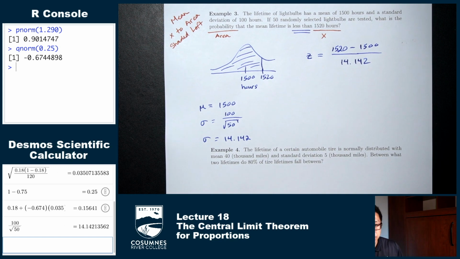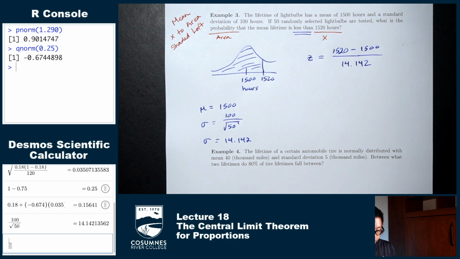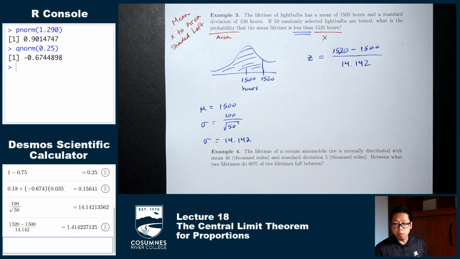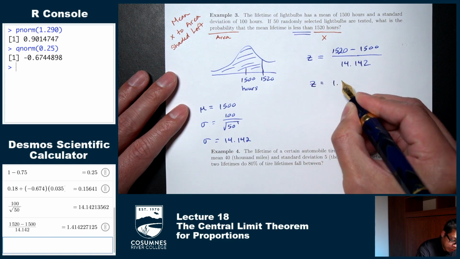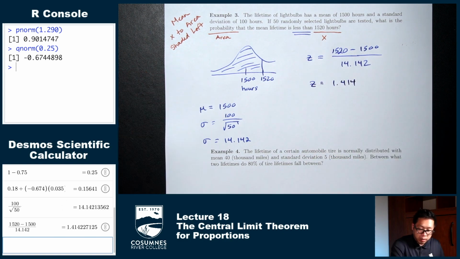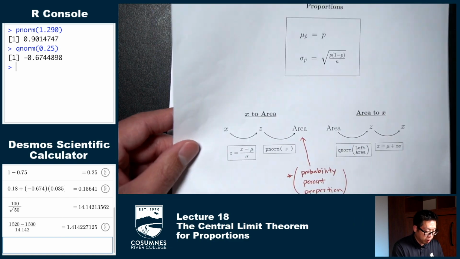So in our calculator, up top, 1,520 minus 1,500 over 14.142. Rounded to 3 decimal places, this is 1.414. Okay, so we just did the z-score formula.